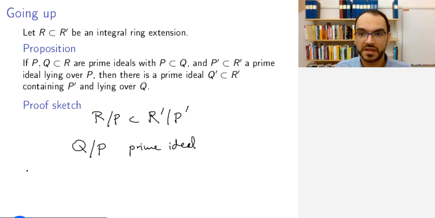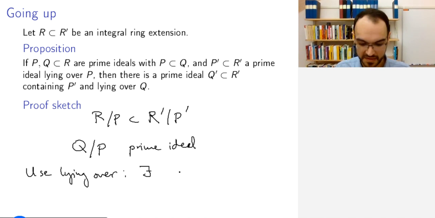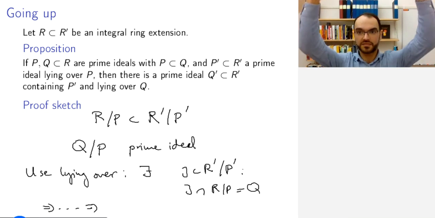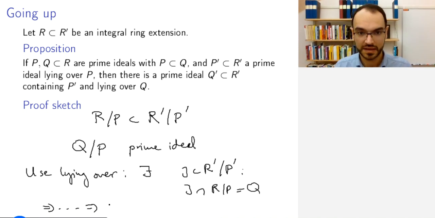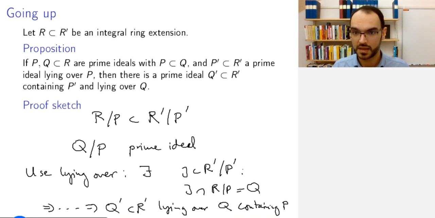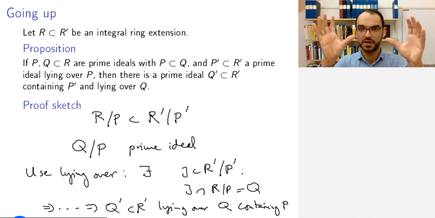And then you use the lying over. So there exists some ideal J in R prime mod P prime such that J intersected with R mod P gives you Q mod P. And then from this, by unfolding from the quotient, you get the existence of Q prime in R prime lying over Q and containing P. So somehow what you do is collapse this P to 0.